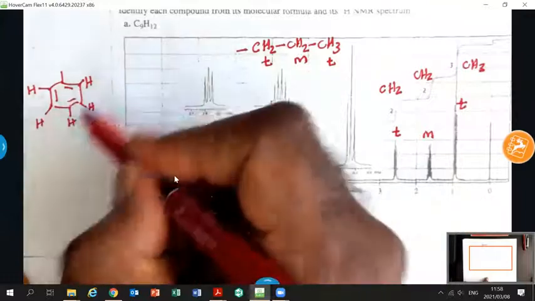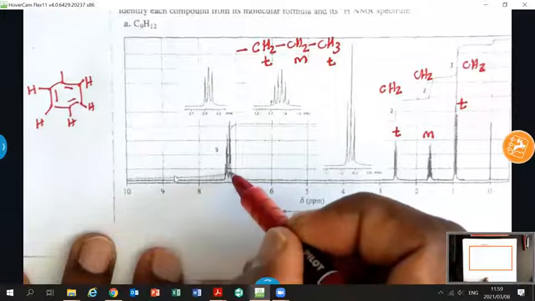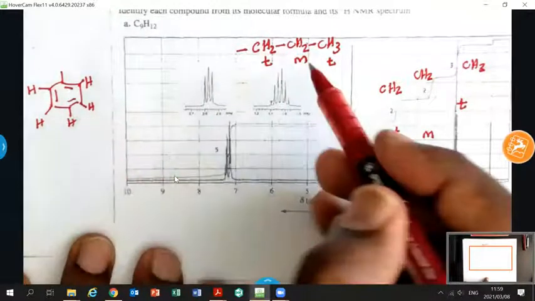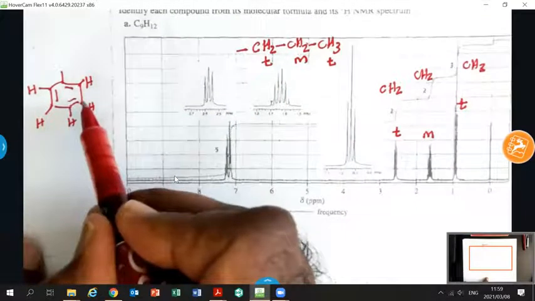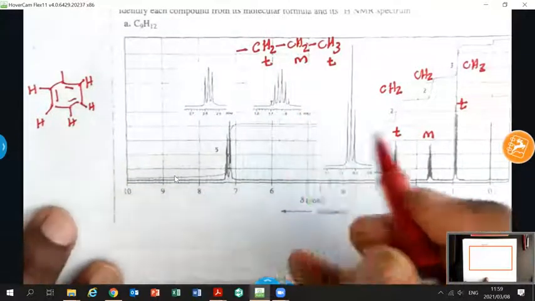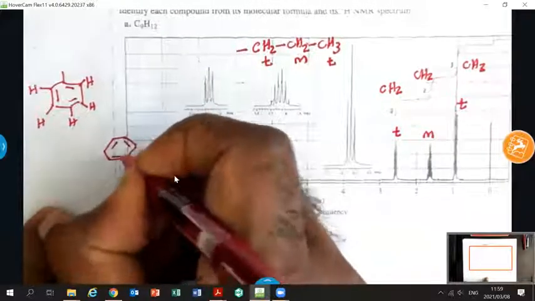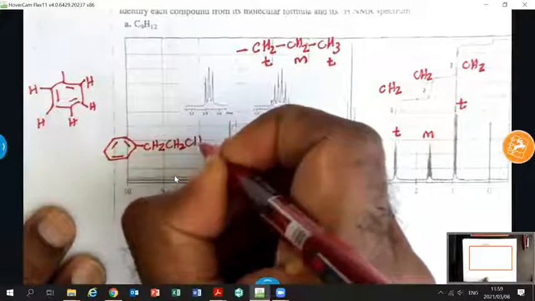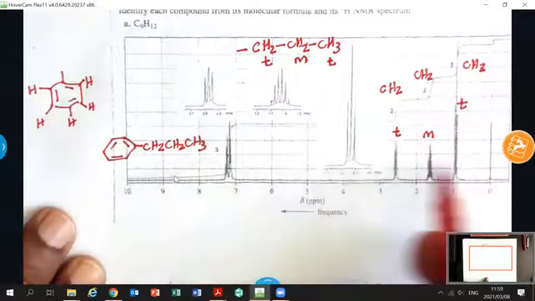And I've got this aromatic ring, which matches the chemical shift of this particular resonance. I need to join these 2 together. I don't have anything else. I've got 9 carbons, and I've used up my 9 carbons, 6 carbons here and 3 carbons here. So all I have to do is join the 2 together. And if I join the 2 together, I get the structure that's equivalent to this spectrum.